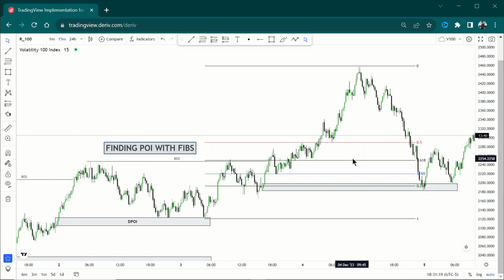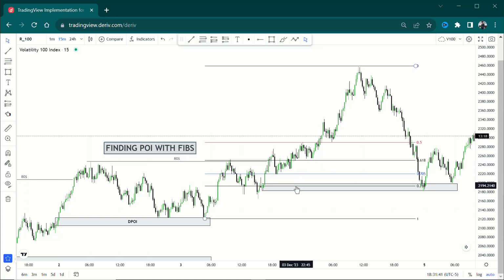Let me get closer. Below here, can you see any POI? All of them have been mitigated here.